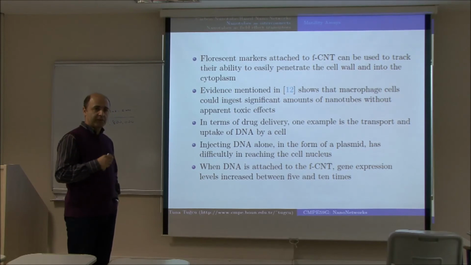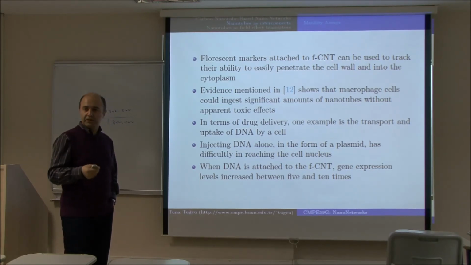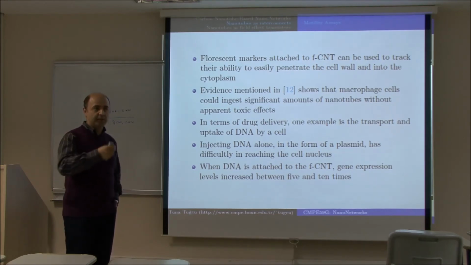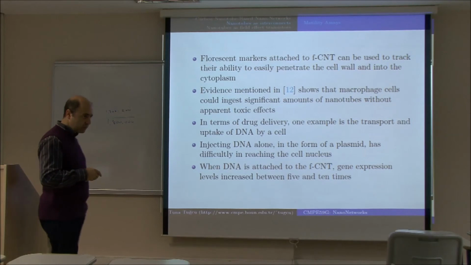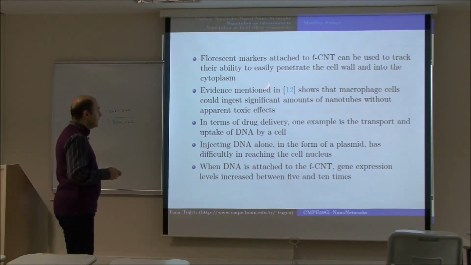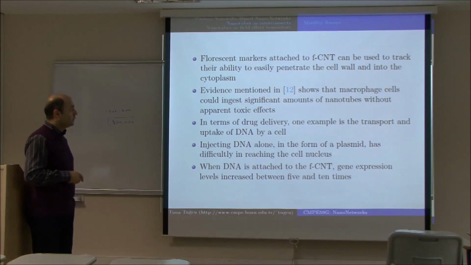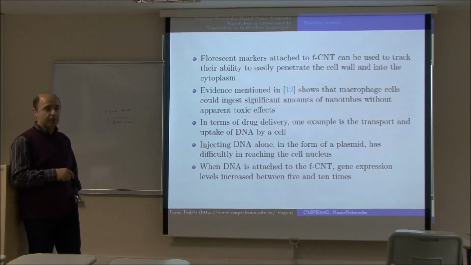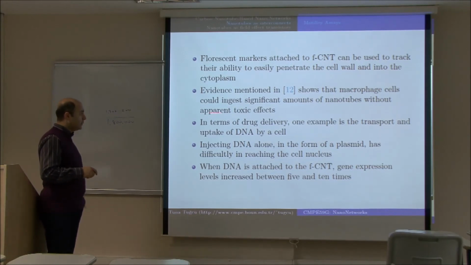The most important thing is, under microscope, you can see these markers. So you understand where the marked elements are going to. So you understand, for example, that it enters the cell. Evidence given in 12 shows that the macrophage cells could ingest significant amount of nanotubes without apparent toxic effects.